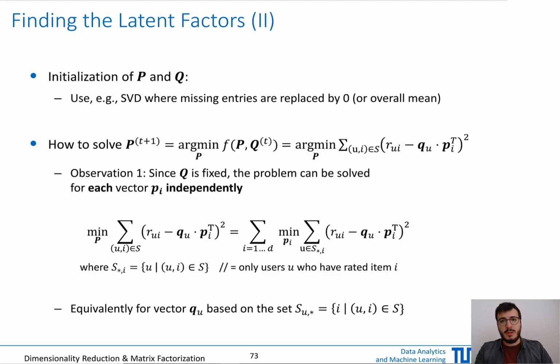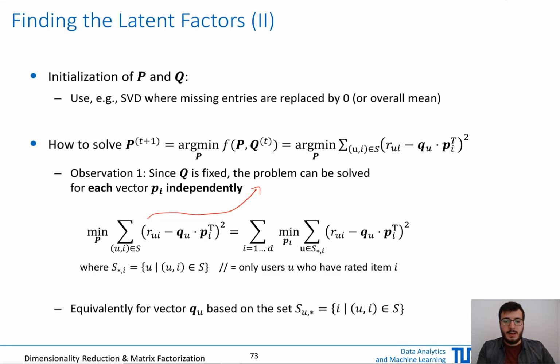The first observation, which is critical here, is that because Q is fixed, this problem can be solved for each of the PI vectors independently. We can decompose this one big problem into smaller problems. To see this, note that we can take this sum and rewrite it per item.